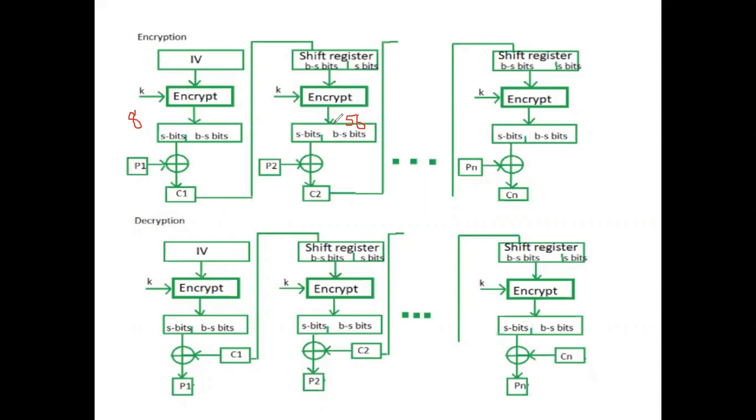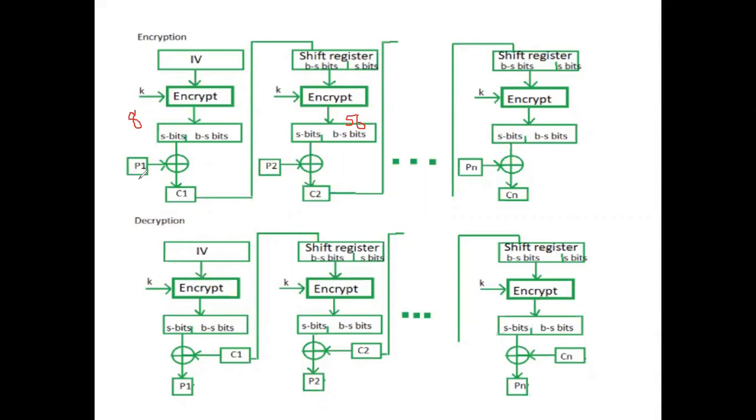Here the 56 bits are discarded and the S bits are kept. S bits, as I told you, means 8 bits. So you are processing with those 8 bits.